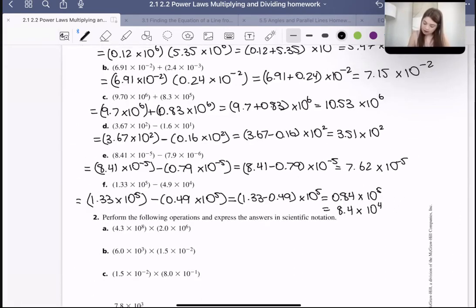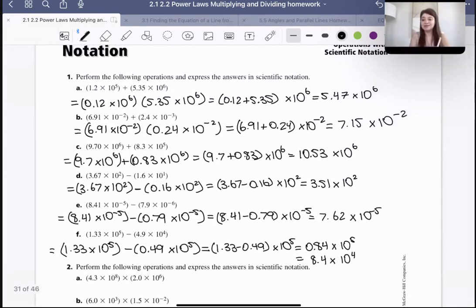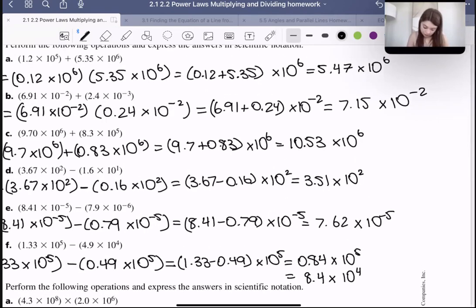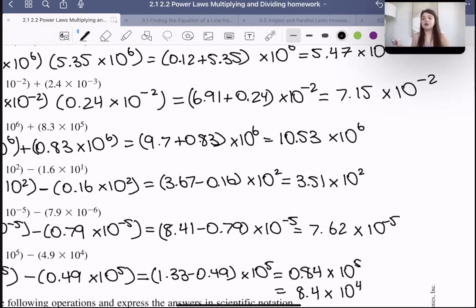And then there's actually one other time it happened that I missed earlier, which is in C. We got 10.53. Well, that's two digits to the left of our decimal point that aren't just extra zeros on the far left, right? That 10, this 0, it has meaning to it, right? It's a placeholder there.